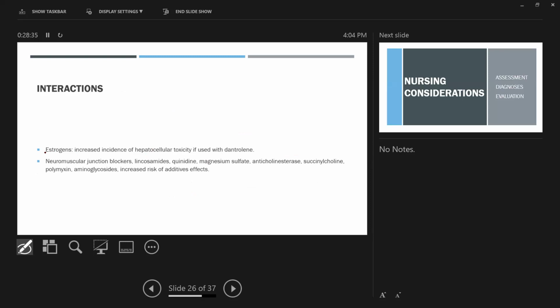If you have someone using estrogens, that can increase the incidence of hepatocellular toxicity. And if you use neuromuscular junction blockers, any of these drugs here can block neuromuscular junctions. Don't use them with these drugs.